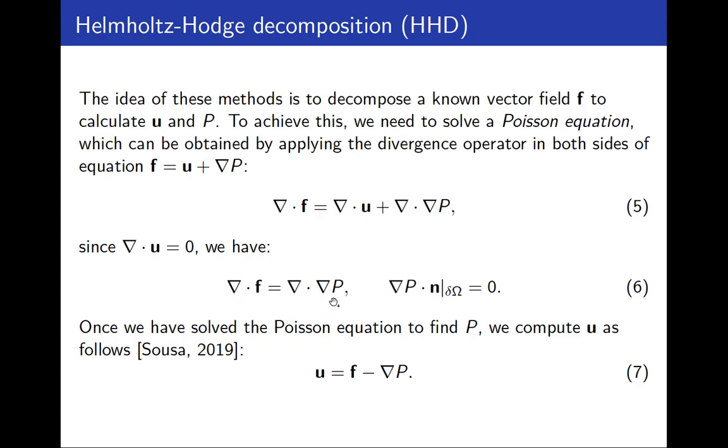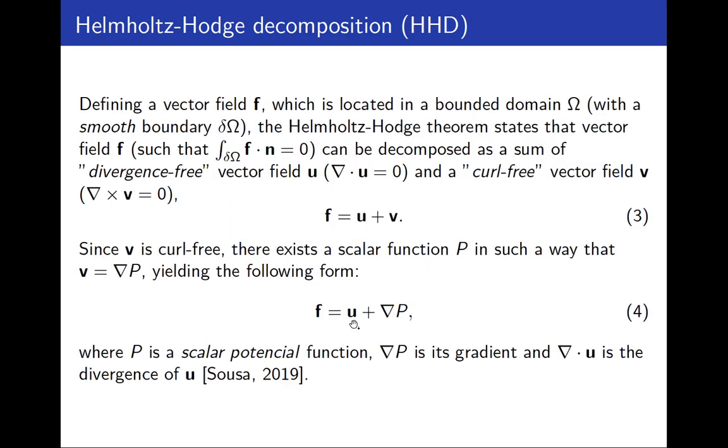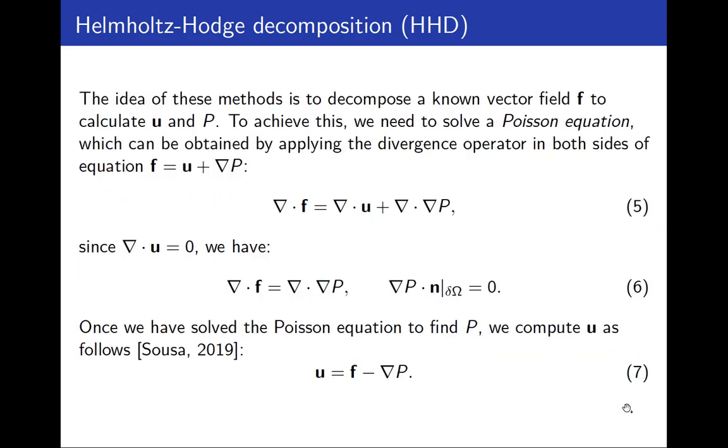This full equation is a Poisson equation that can be solved using this boundary condition, which is a Neumann boundary condition. That means that at the boundary we need to satisfy this condition. Once we have solved the Poisson equation to find P, we compute the vector U as follows: from this equation we just isolate U, and then we end up with equation 7.